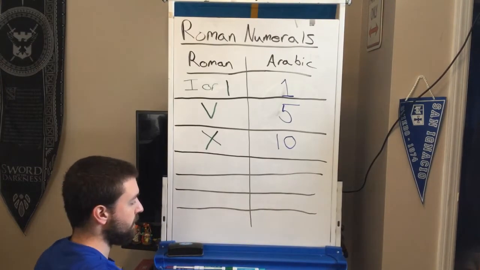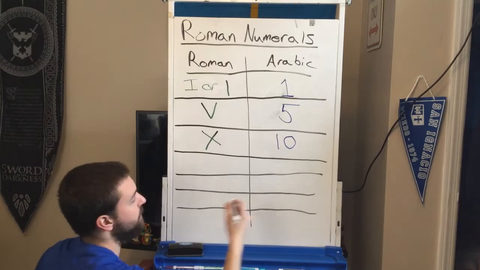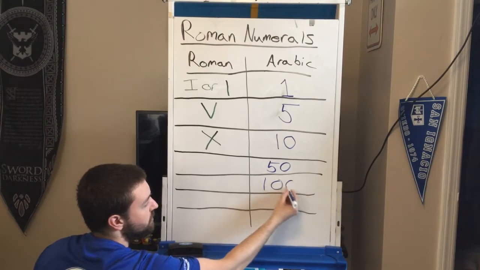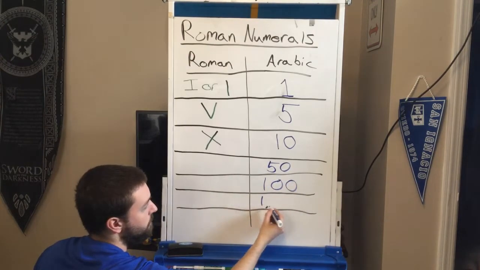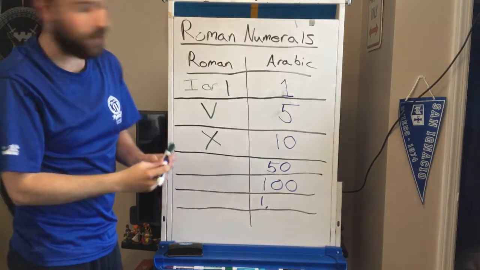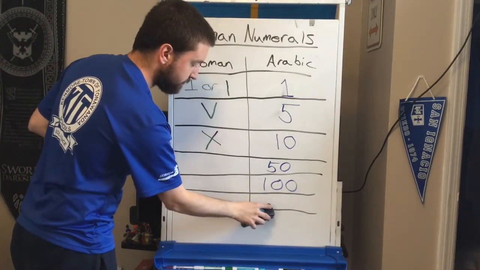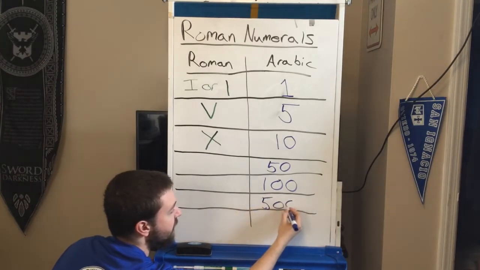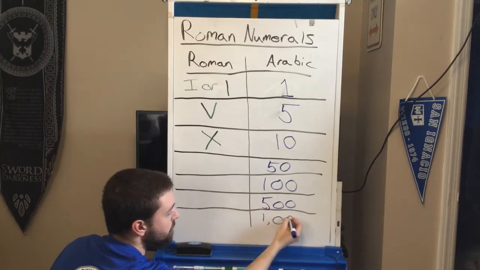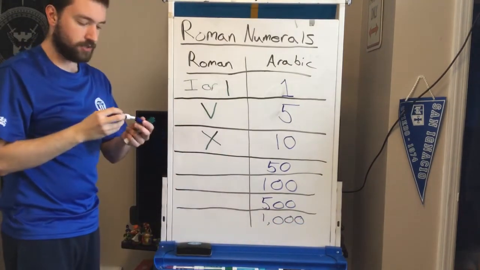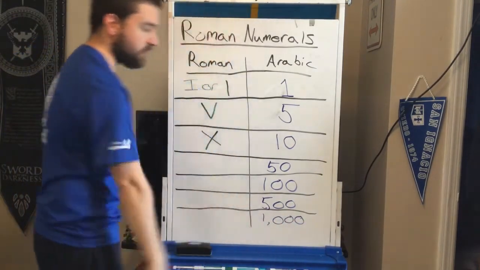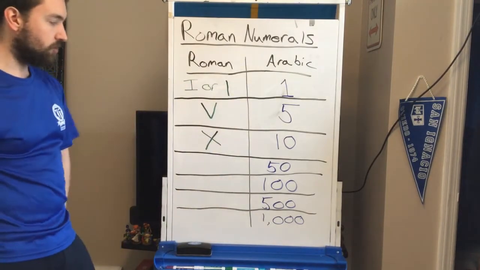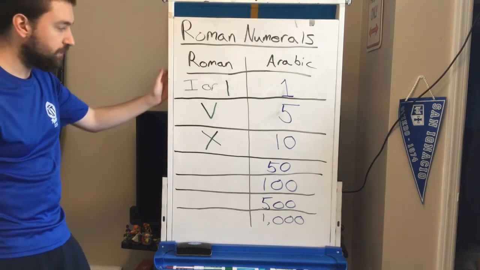Just to finish off this chart, we're going to talk about 50, 100, did I skip one? 500, sorry, I skipped 500. 50, 100, 500, and finally 1,000. Using these numbers, we're going to be able to make a whole combination of other numbers. But we got to finish our Roman numeral side here. We got to finish getting our symbols, our characters.